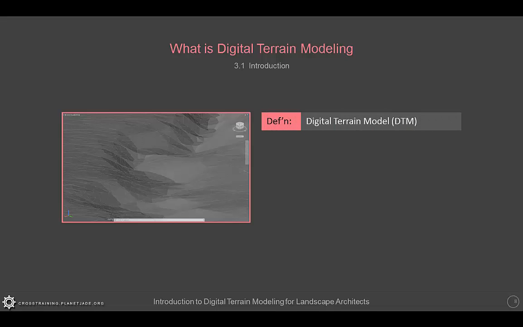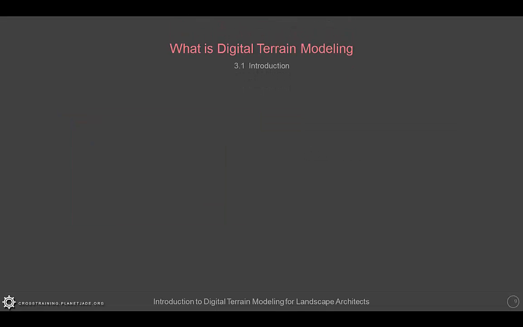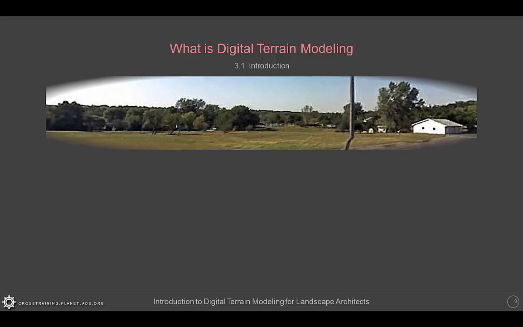So again, the definition of a digital terrain model: a term used to describe a mathematical representation of a continuous surface of the ground using x, y, and z coordinates. You may come across other terms that are often used synonymously, but they actually refer to very different or certain types of end products.